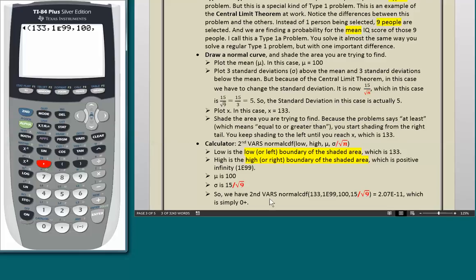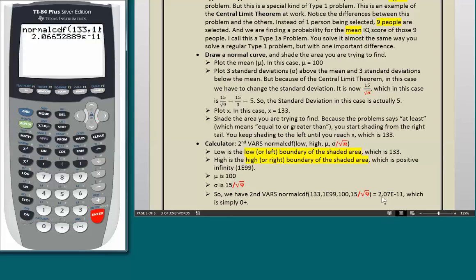Sigma in this case, well, let's do it the way it shows here. Sigma is the 15 that we started with in the problem, divided by the square root, which is right here. So second of 9. Okay? And be sure you get outside the square root sign by hitting your right arrow. Now we're going to close our parentheses. We're going to hit enter.